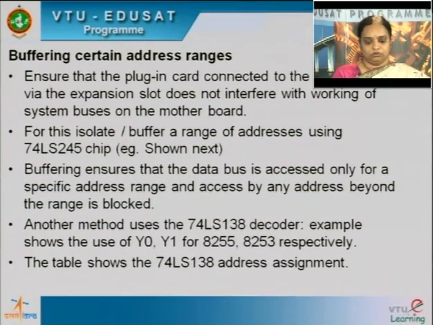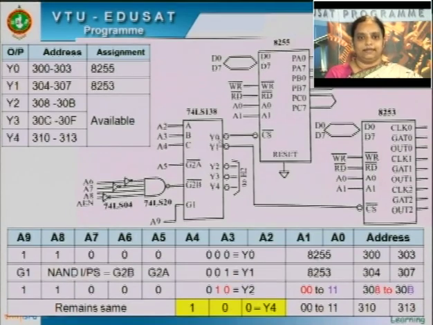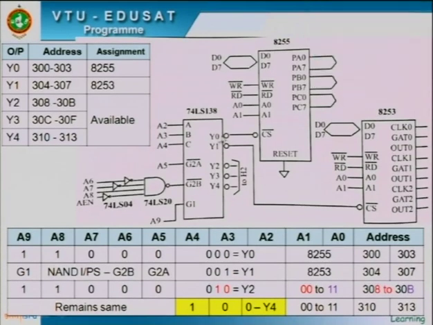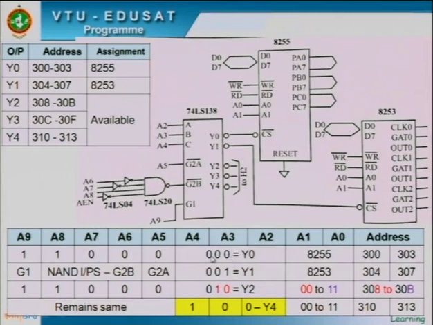Another method is to use the decoder, and as usual the decoder has 8 outputs, Y0 to Y7. Let us take an example. Suppose it is Y0; for Y0 the ABC should be 000. The ABC is connected to A2, A3, A4, so they are 0s.